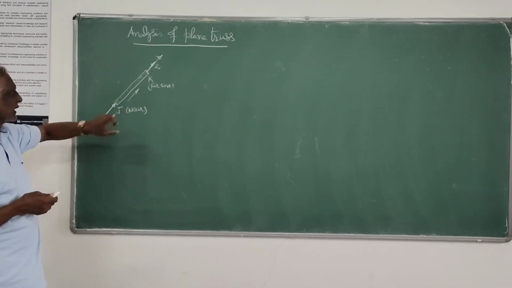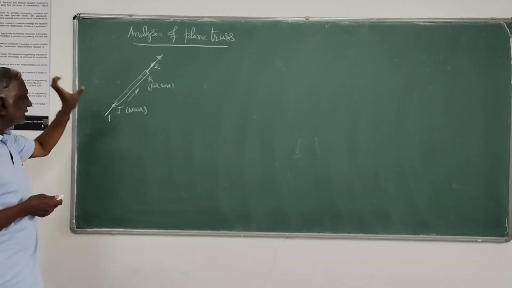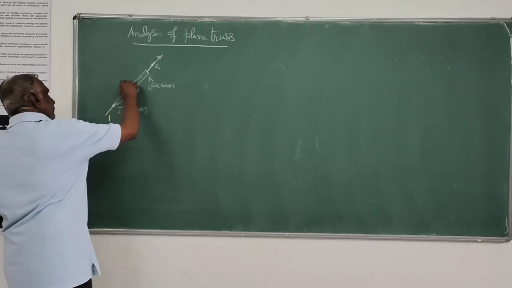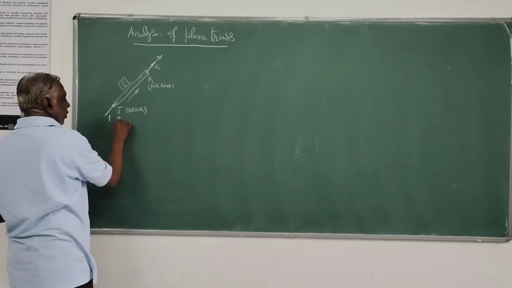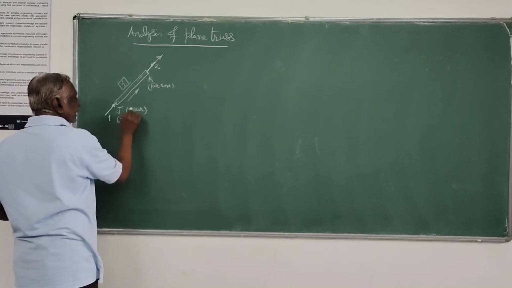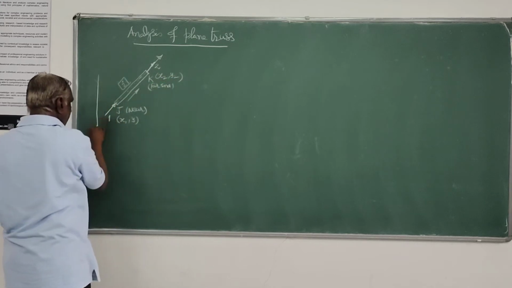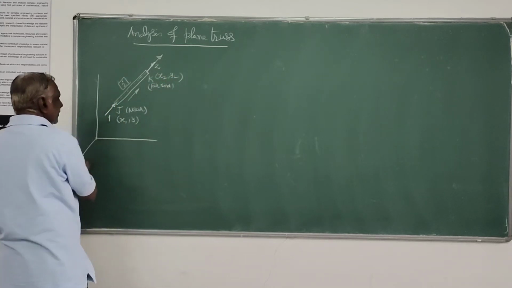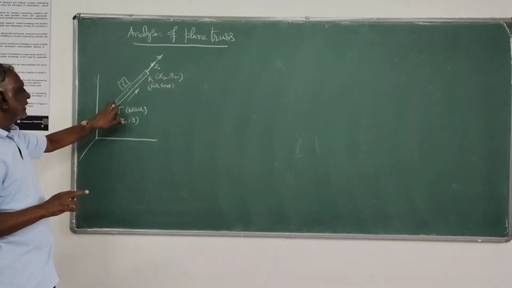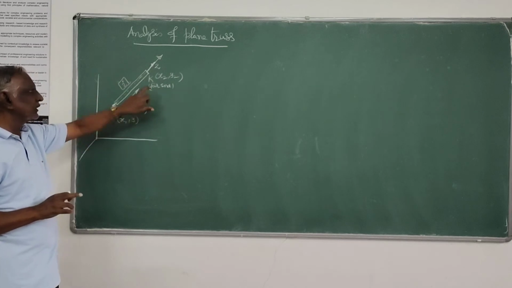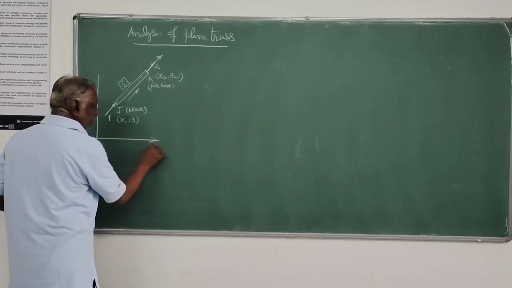Now first let us take the local or member axis of a plane truss element JK. The member we can call as member I, and the coordinates of the near end and far end with respect to the global coordinate axis we can find out. You choose the global axis also. The near end and far end coordinates we can define like this with respect to the global coordinates.